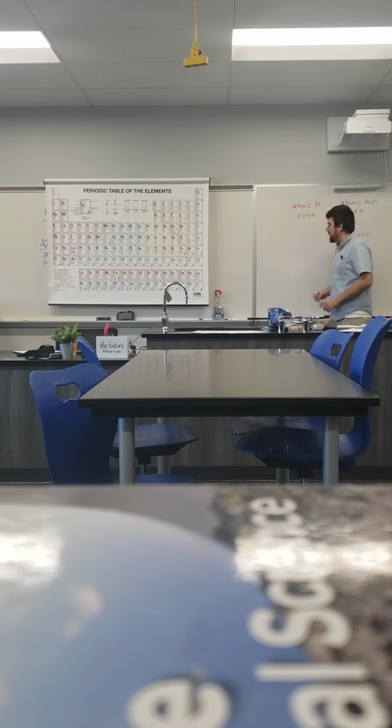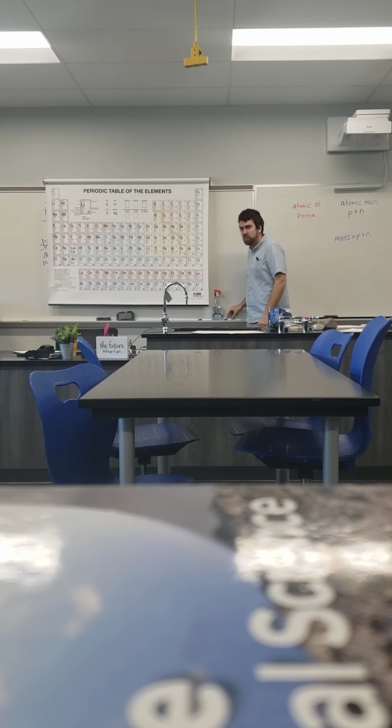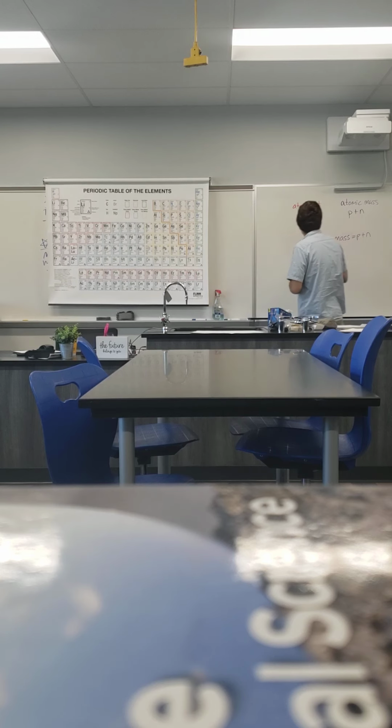Alright? These different forms of elements, based on having different numbers of neutrons and different mass numbers, are called isotopes. So an isotope shows us we can have different forms of something. Here we go. All right, carbon 12. That's the normal form of carbon.